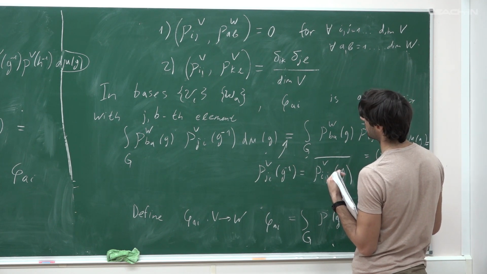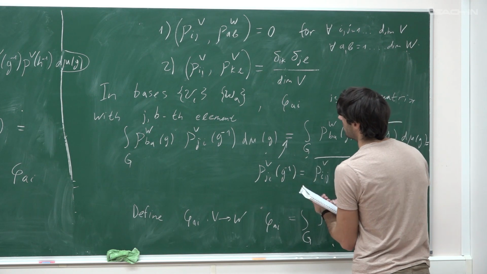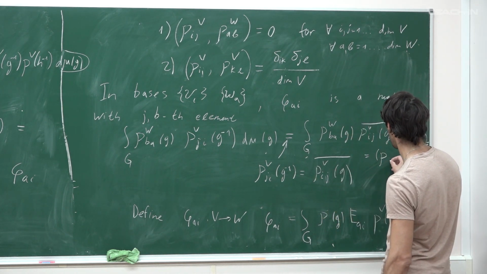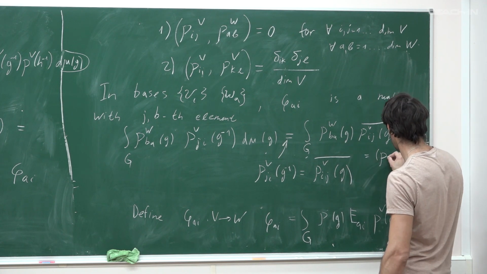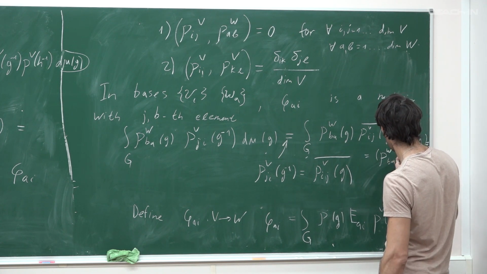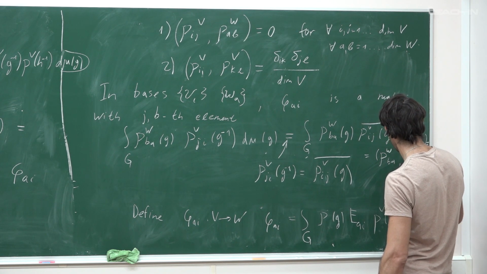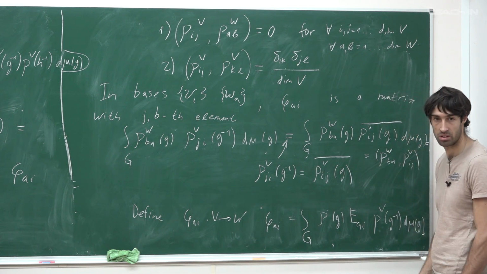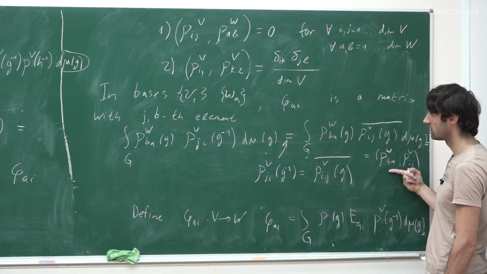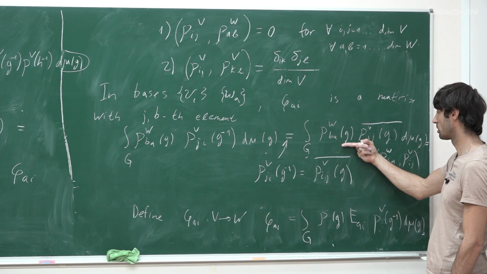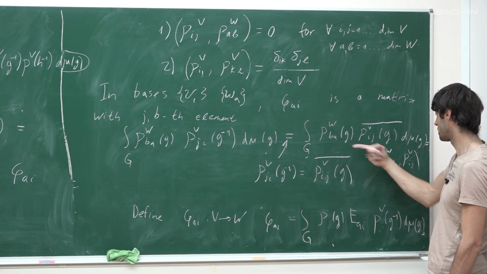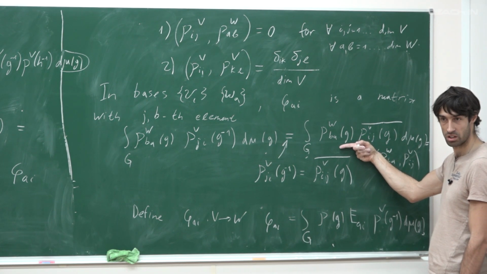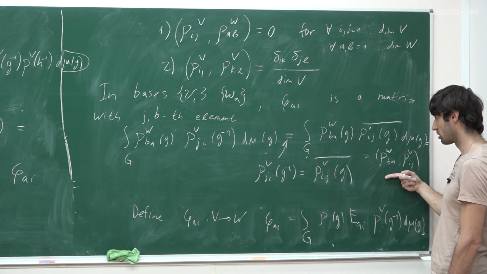So what is written here, rho_{ba}^W and rho_{ij}^V, is just a scalar product, an inner product of these two things as functions on G, just by definition of our inner product.